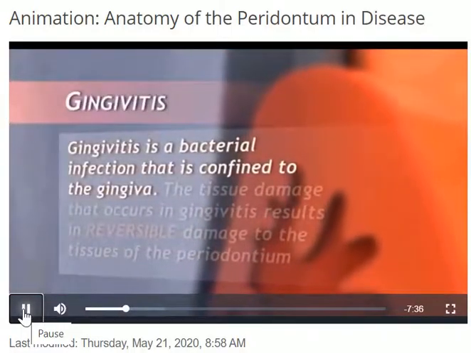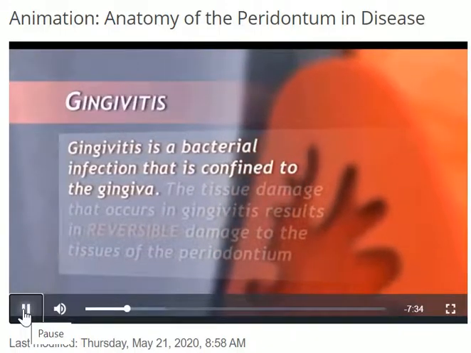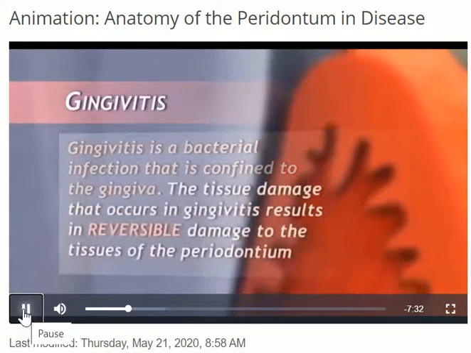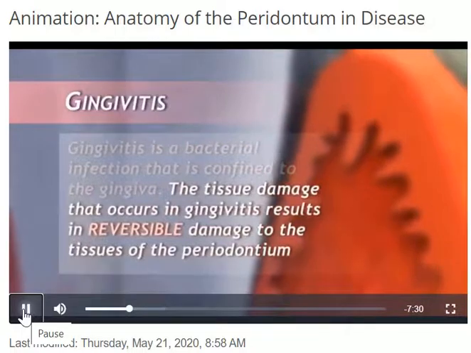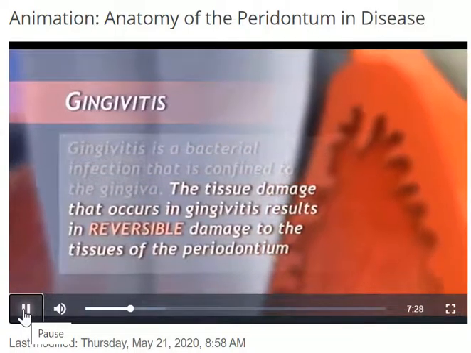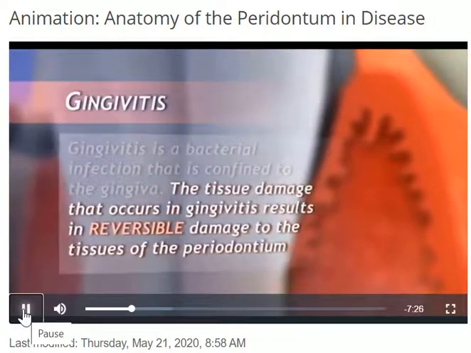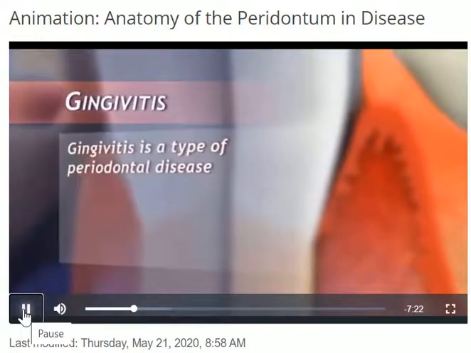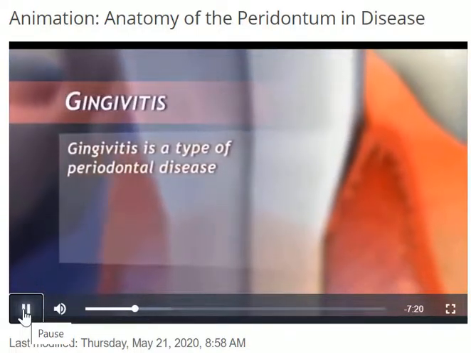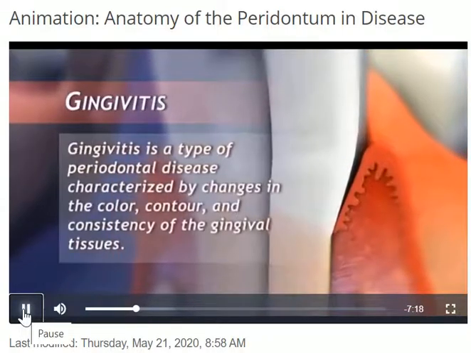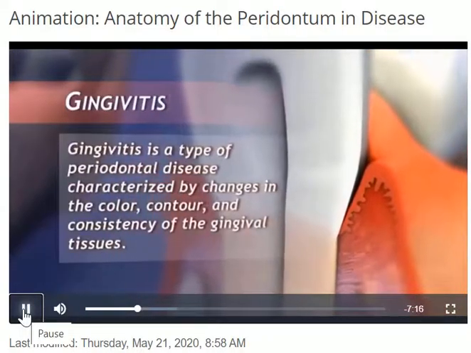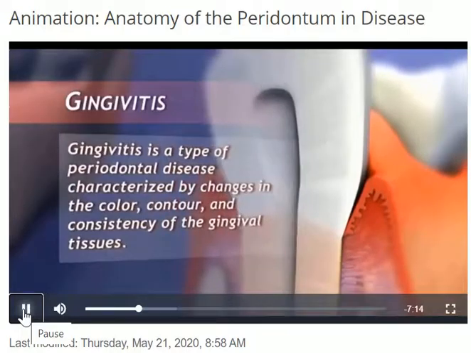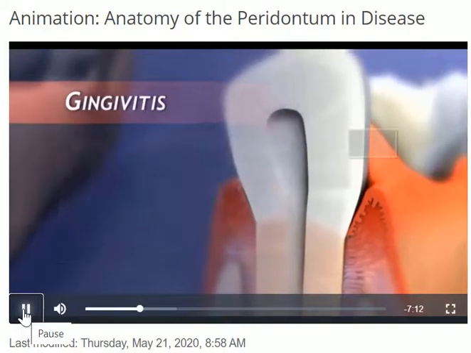Gingivitis is a bacterial infection that is confined to the gingiva. The tissue damage that occurs in gingivitis results in reversible damage to the tissues of the periodontium. Gingivitis is a type of periodontal disease characterized by changes in the color, contour, and consistency of the gingival tissues.